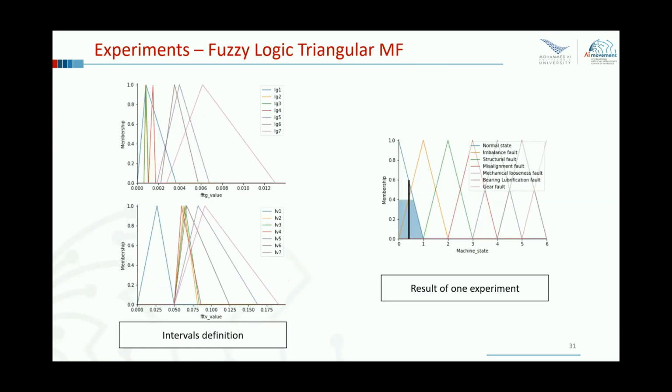Passing to the triangular membership function, these are the input variables. The same here: the acceleration spectrum, and over here the velocity spectrum. And this is a result of one experiment that we have run, showing an accuracy of 16%.